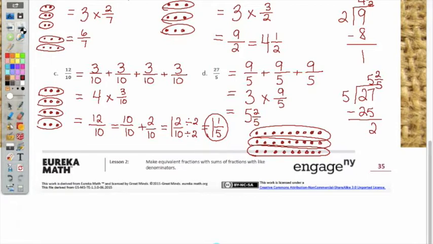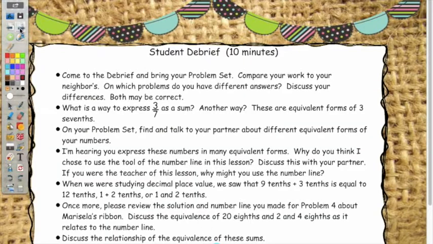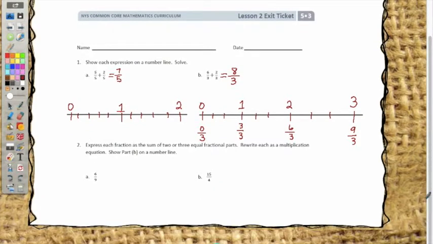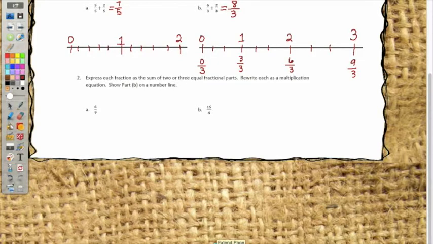So exit ticket. Okay. So take a look at this. It's the exact same thing. The first equal sign is repeated addition.